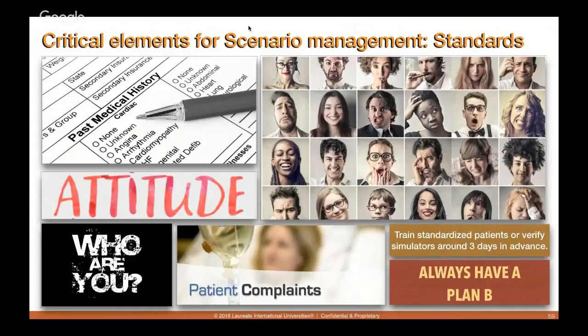Sometimes you have the initials, but this is not a real patient's record. You don't need to put the initials. You need to put the real name. So your standardized patient needs to know who he or she is. The name, age, past medical history, family history, complaints, medication taken, or treatments.